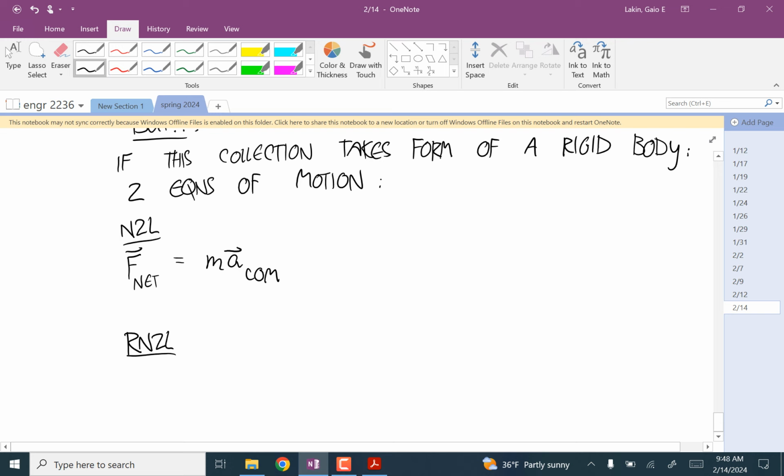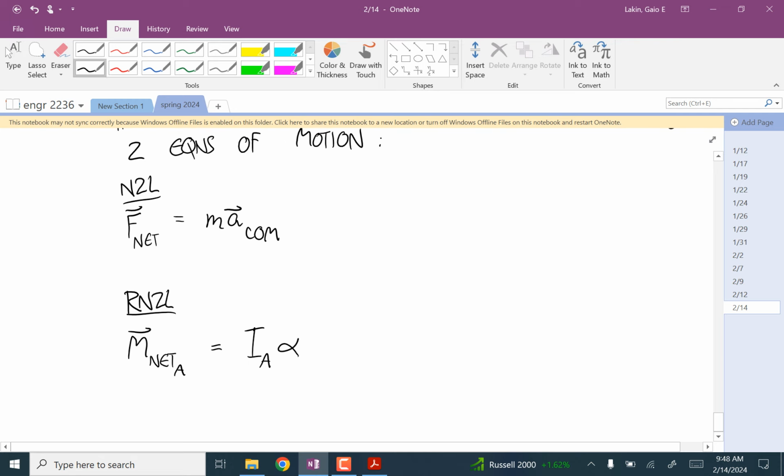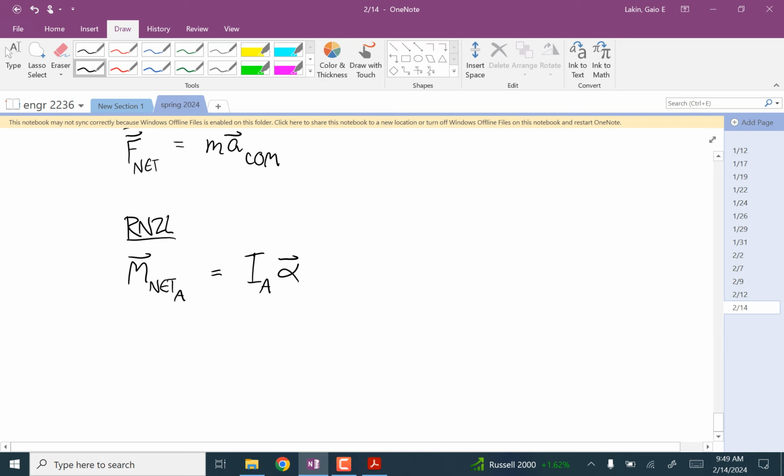And this says that the net moment about some point A is equal to the mass moment of inertia about A times the angular acceleration vector. What point A can you use for this? In statics, we spent all of statics building really bad habits about this, because in statics, you could choose any point you wanted and the moment equation held.